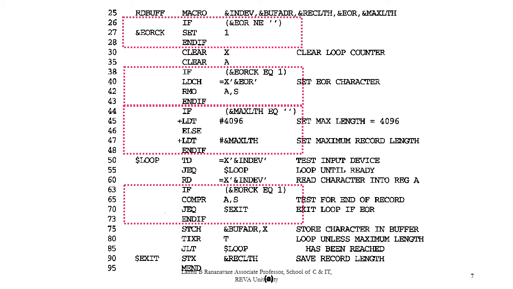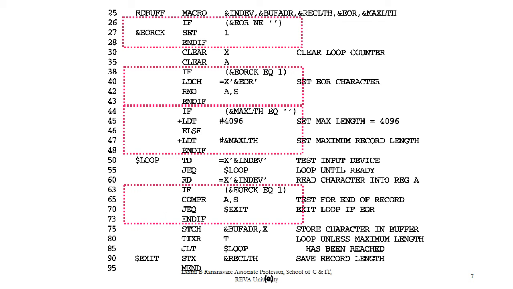If it is less than, that is jump on less than, it is going to go to loop. That means the next character we are going to read from the input device. Like this, we are going to read so many characters from the input device and store them at the location buffer address plus X. We have stored all these characters which are read through the input device.